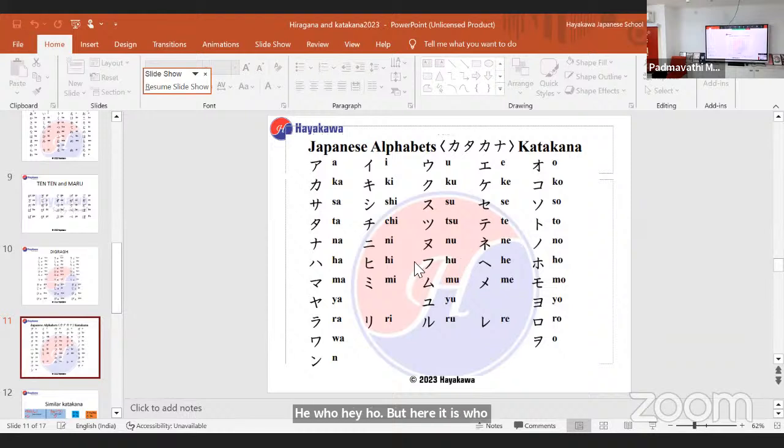Ha, he, fu, because according to the word you can alter it. If it is an H sounding word, you will keep it with H. If it is an F sounding word, you will change it into F. So ha, he, here it is used for both sounds. Ha, he, hu, or fu. Both are okay.